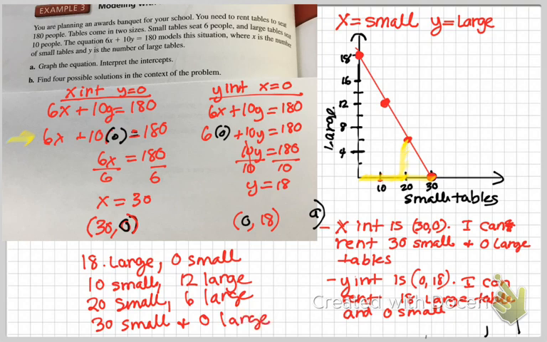So this is how we interpret our intercepts and find 4 possibilities based on the graph. This is for section 3.4.